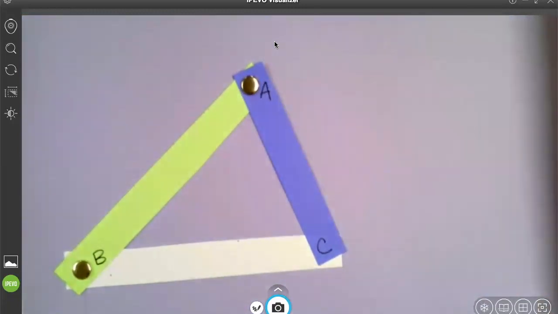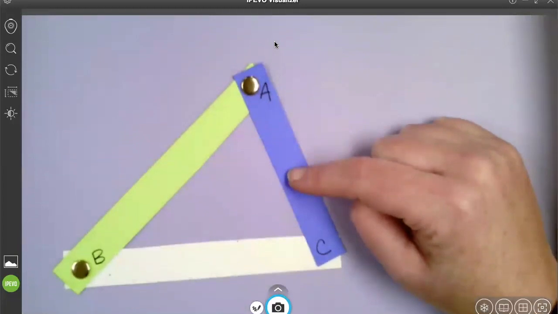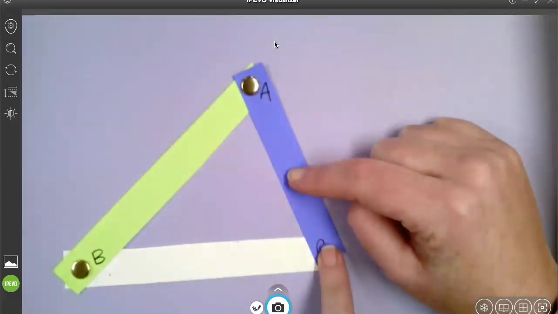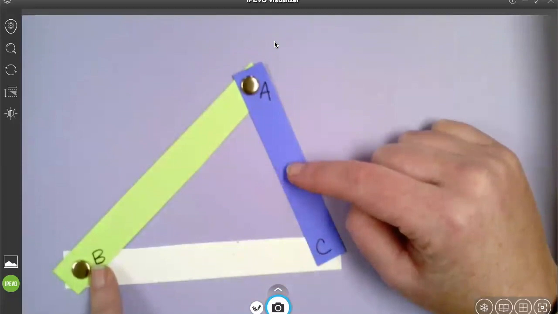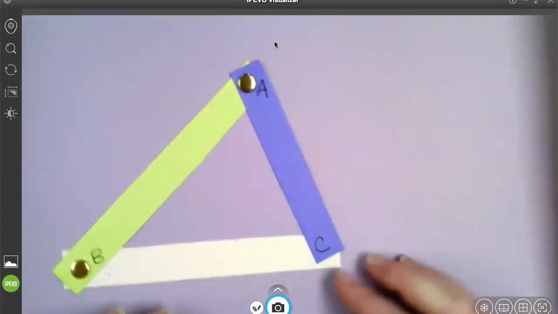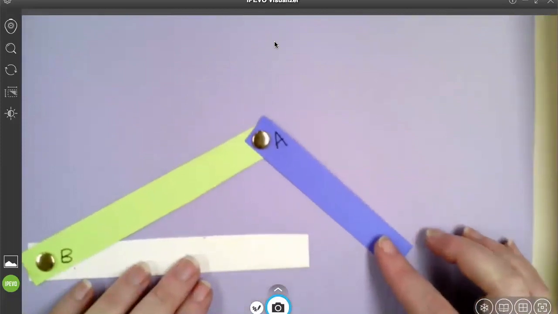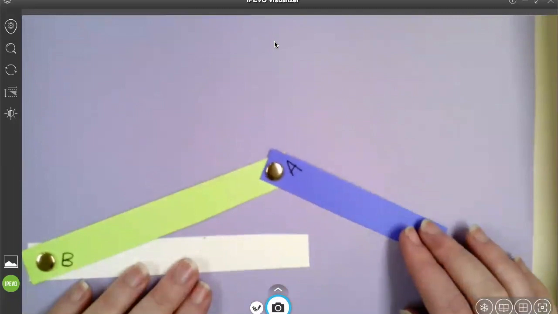If I wanted to know what angle was opposite this blue side, the angles on the ends are A and C, so B must be the opposite angle. It's the only one that doesn't touch the blue side. Once again, if we open this all the way, you can see I've even run out of white paper down here, but that's okay, the concept still exists.